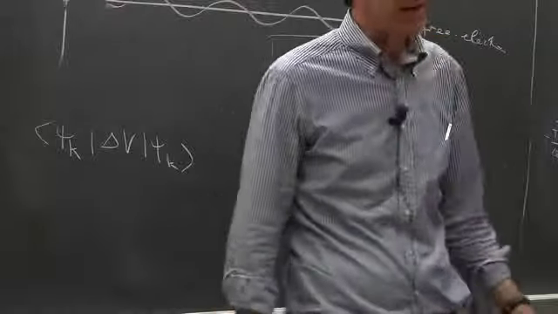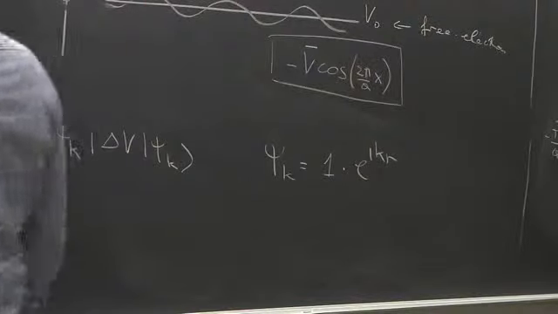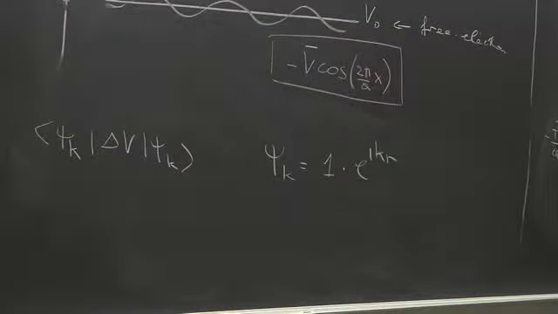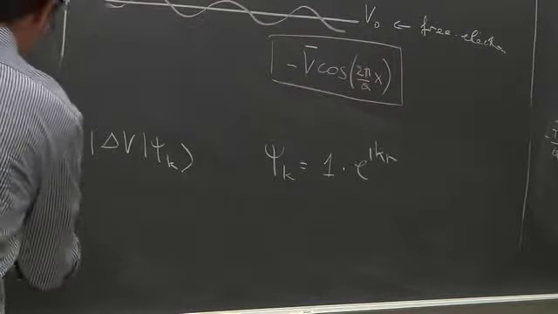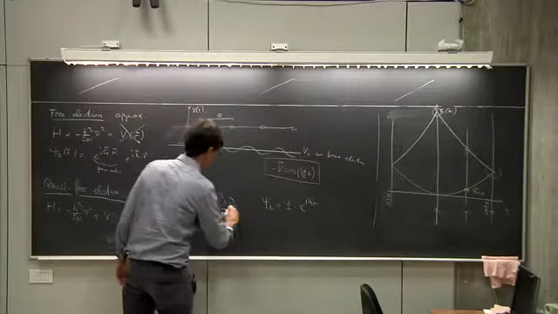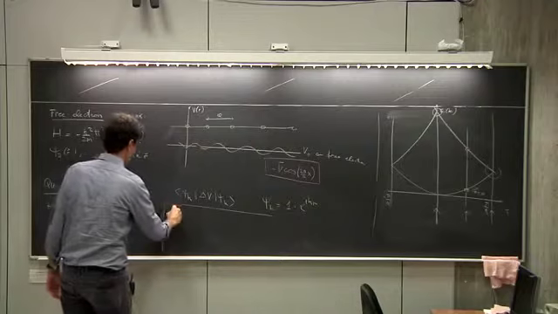So how am I going to normalize wave functions properly? Well, you remember, in general, okay? Now let me actually go back to Bloch's theorem, because, okay, let me open a digression here. How do I normalize Bloch states?